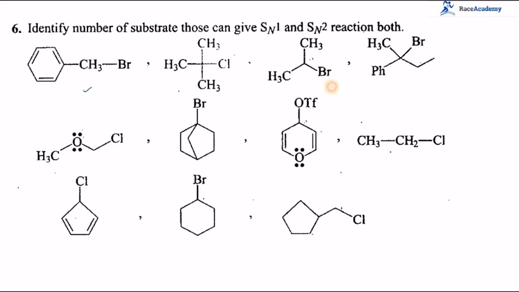Third one is possible as it is secondary. And the fourth one, if you see this one, tertiary. And this one, if you see here, the bond between halogen and this carbon can be easily separated because of oxygen's influence. So it is possible.